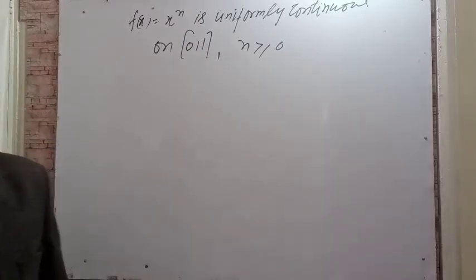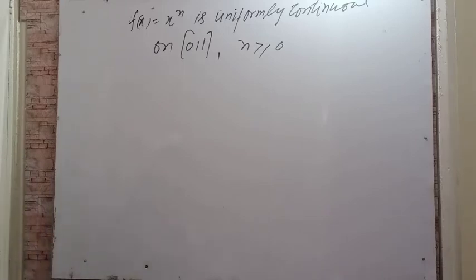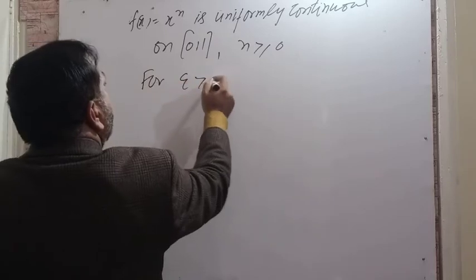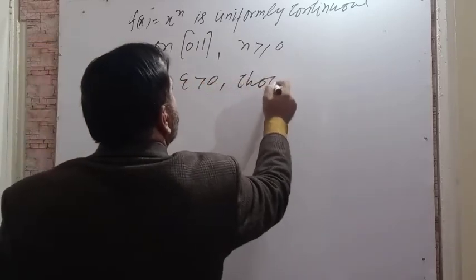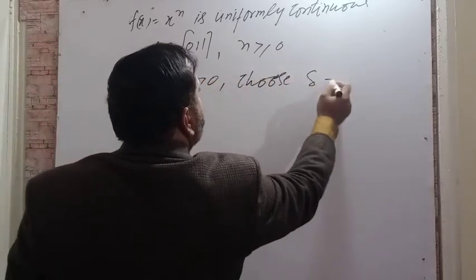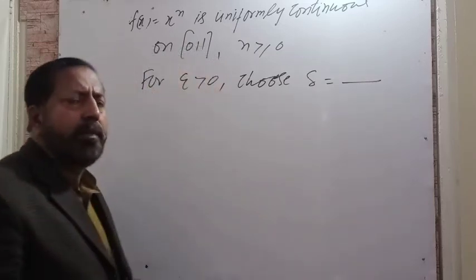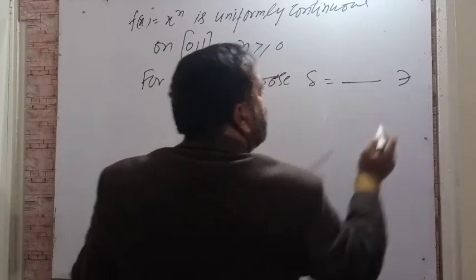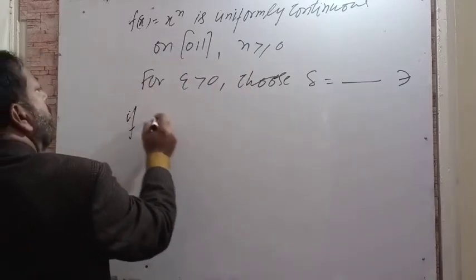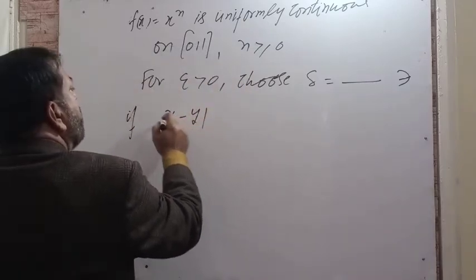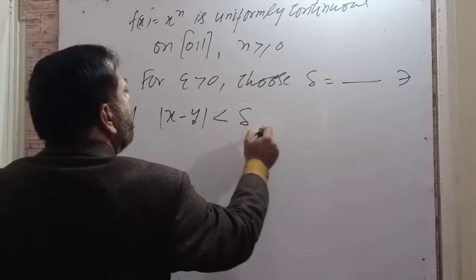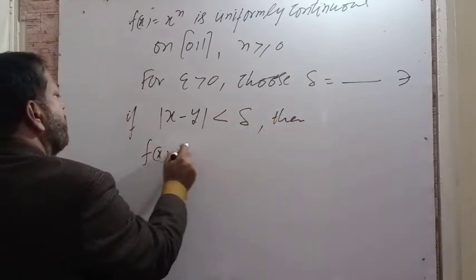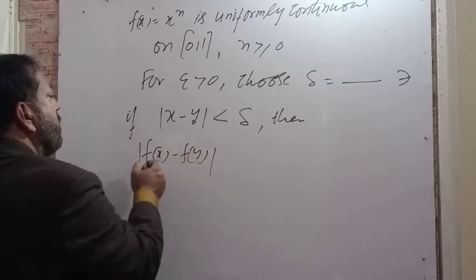So for epsilon positive, choose delta equal to what? I am leaving this step, such that if |x - y| is less than delta, then |f(x) - f(y)|, you know what is f(x)?